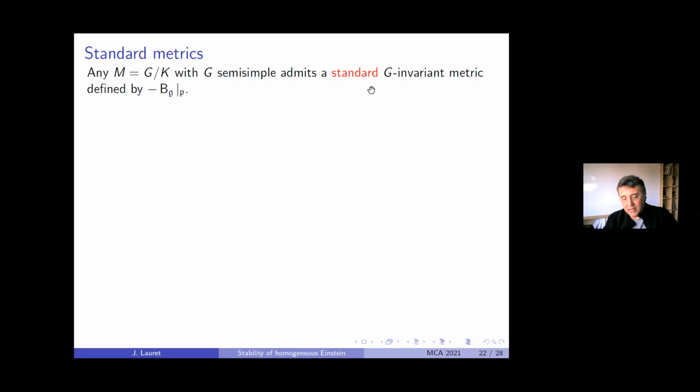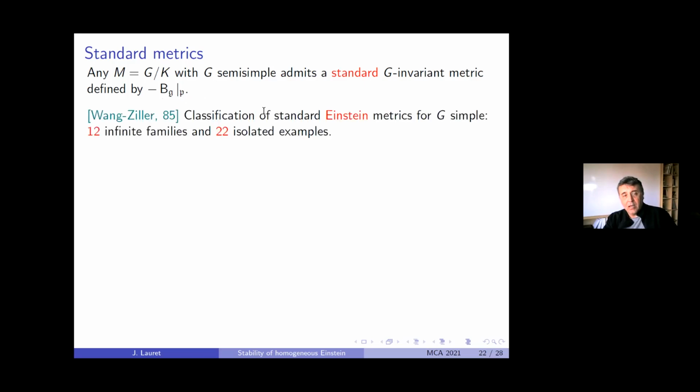It's called standard and is the one given by the Killing form. Again, it's very natural because anyone who studies Lie algebras must like a lot the Killing form, right? It's so useful. It is non-degenerate if and only if the algebra is semi-simple and so on. And so this is a very, very canonical metric.